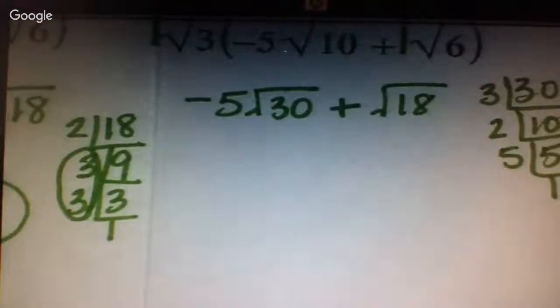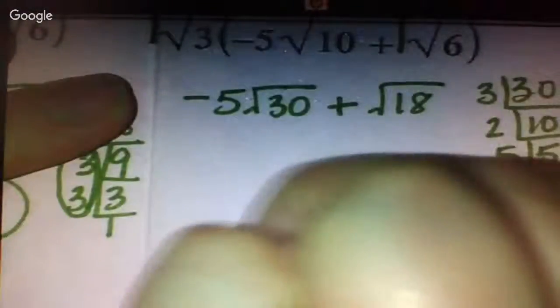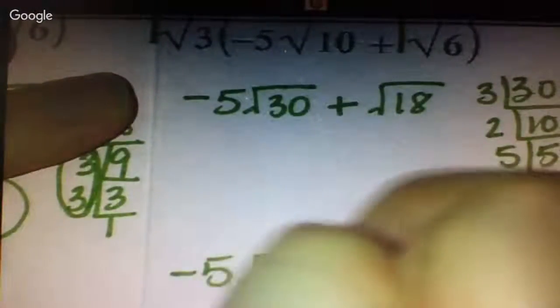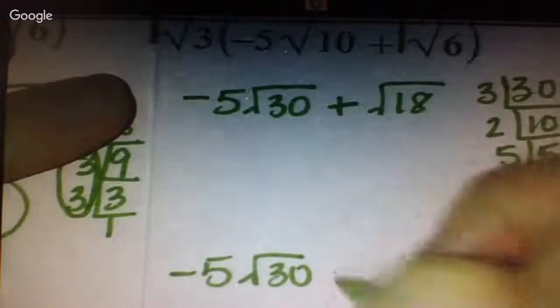Do I have anything to circle? No. If I have nothing to circle, it's already simplified. There is nothing we can do with that.